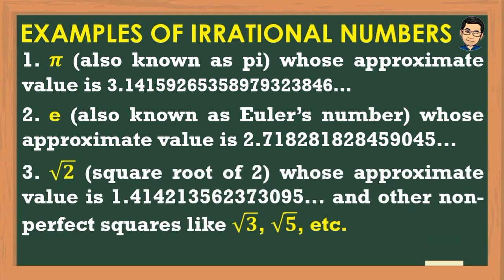And then, of course, the square root of 2, whose approximate value is 1.4142 and so on. Irrational numbers din po yan, yung mga hindi perfect squares. We also have other non-perfect squares like square root of 3, square root of 5, etc. Unlike yung mga perfect squares like 1, 4, 9, 16, rational numbers po sila kapag kinuha yung square root.